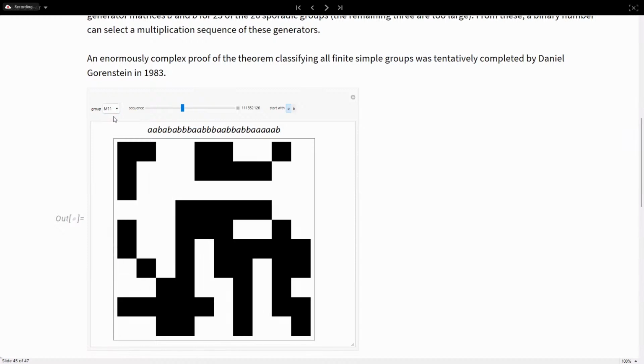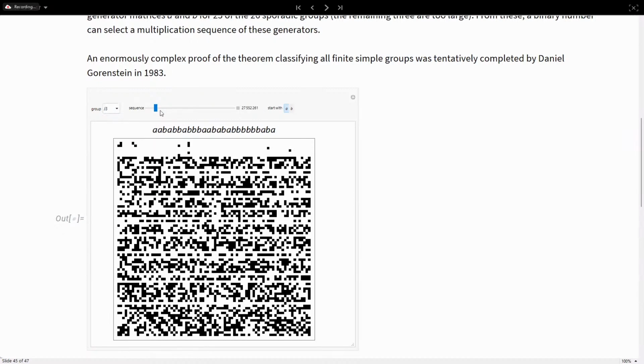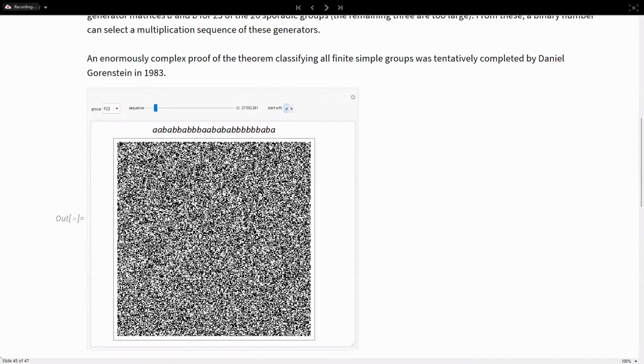And we can look at all of these different ones. Here's the J3 group, and each one of these is produced by two matrices. They get more and more complicated. The F23 group is ternary.